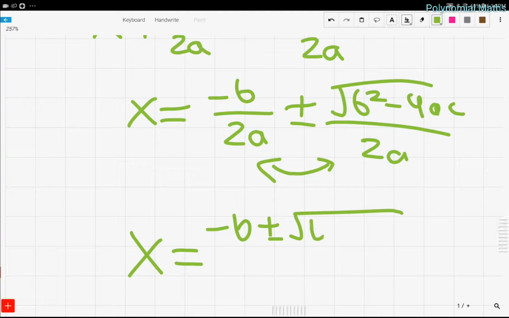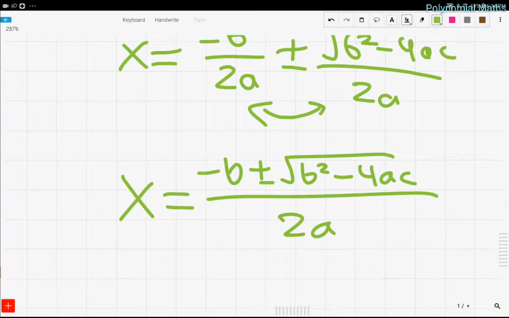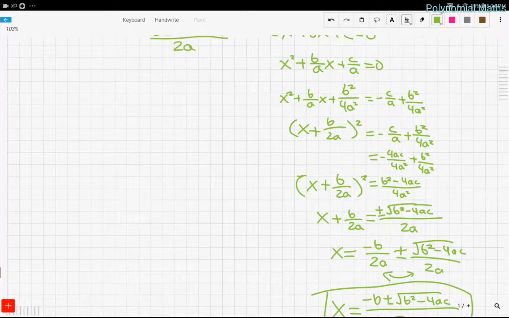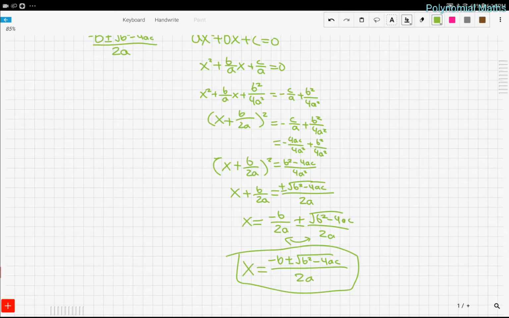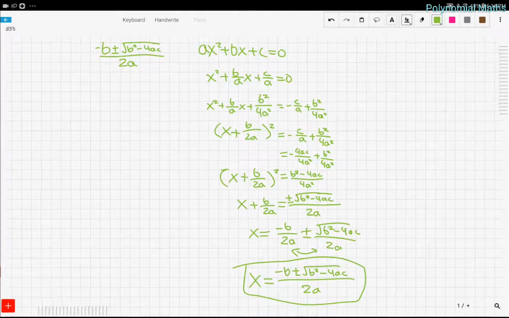Negative b plus or minus the square root of b squared minus 4ac all over 2a. And we're done. Because if we go back and we check, they're exactly the same. And we did this by completing the square.